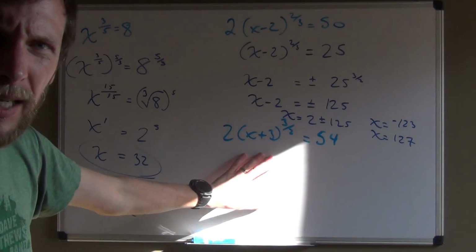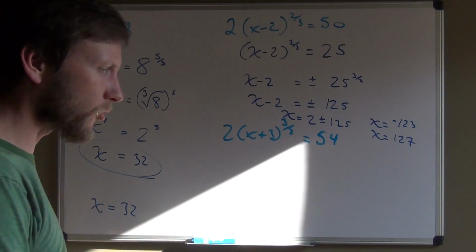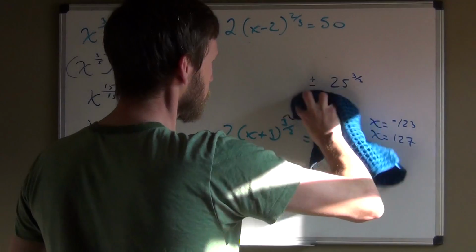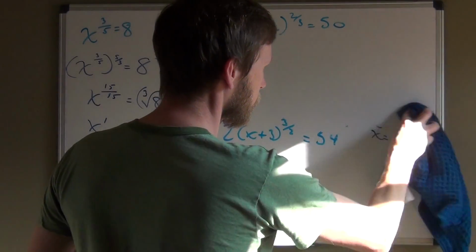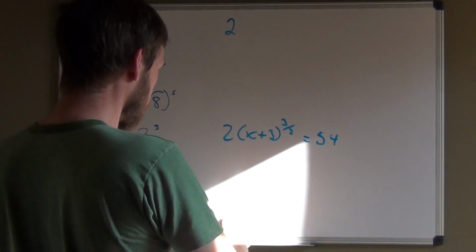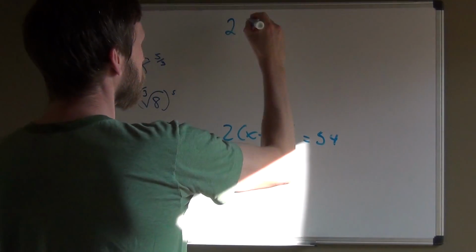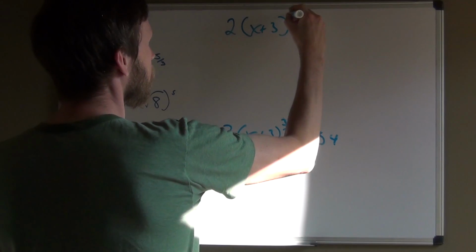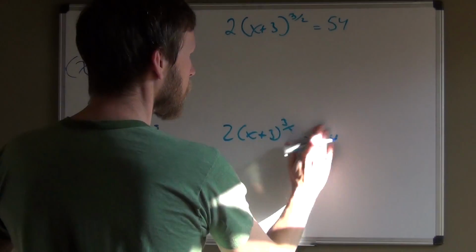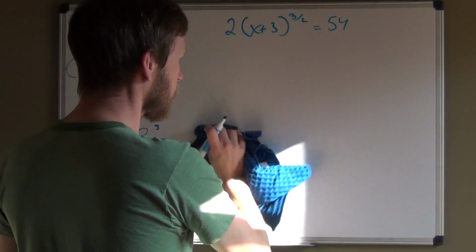On this bottom part, and again I've got a really bad glare here, so maybe I'll just write this one up at the top. It looks like the question is 2 times x plus 3 to the 3/2 power is equal to 54. So I do have some work to do here again.